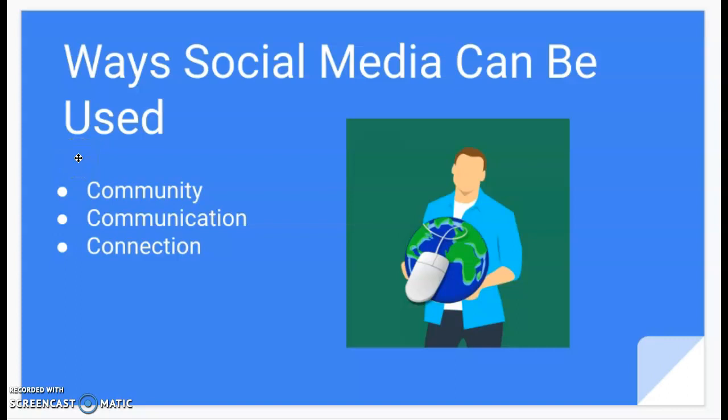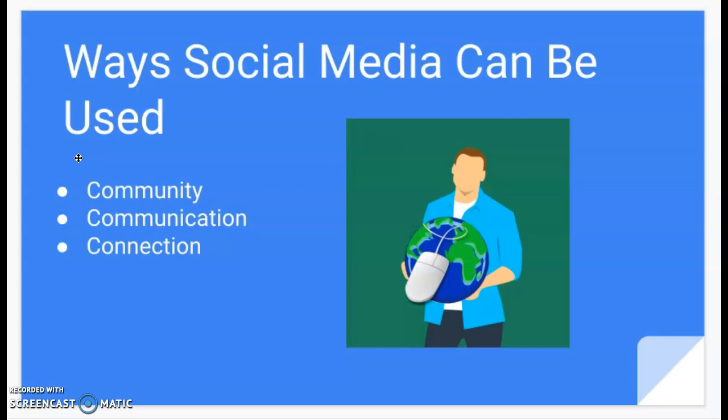When thinking about how we can integrate social media into the classroom, the options could be endless. Let's think about how we can use social media for cultivating communication, community, and connection. More so now than ever, students are more inclined to digitally talk and communicate versus in person. This is a trend that we continue to see over the years as technology develops.